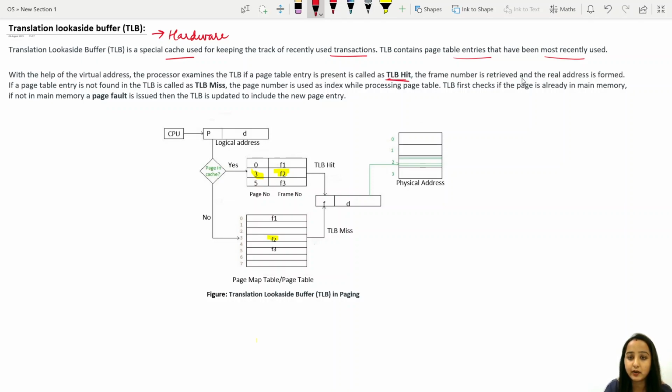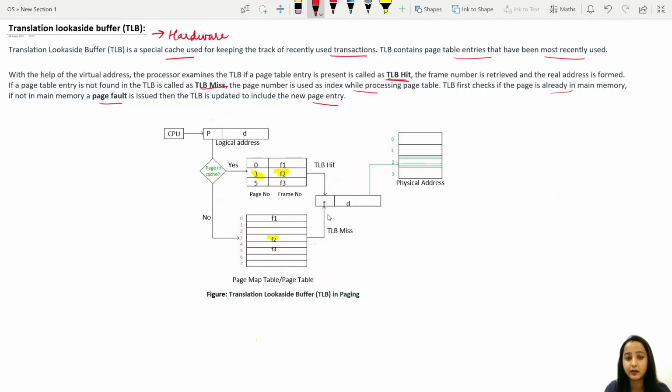The frame number is retrieved and the real address is formed. If the page table entry is not found in the TLB, then it is called a TLB miss. Then the page number is used as an index while processing the page table, and it is checked if the page is already present in memory. If it is not present in the main memory also, then a page fault occurs. Then the TLB is updated to include the new page entry.